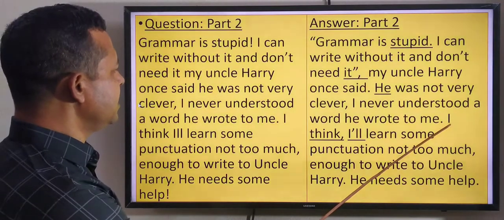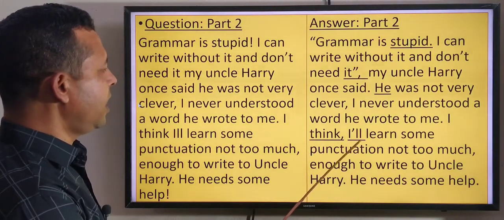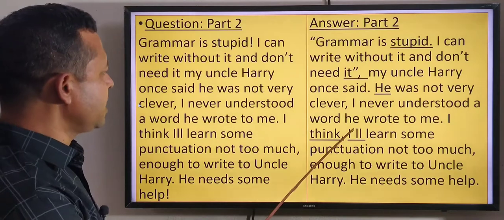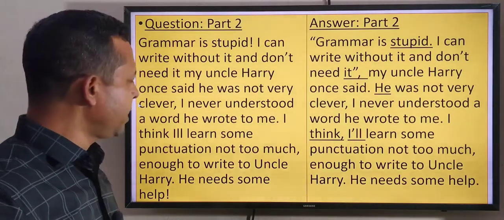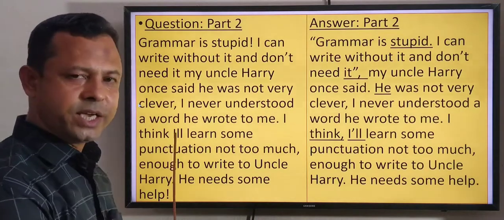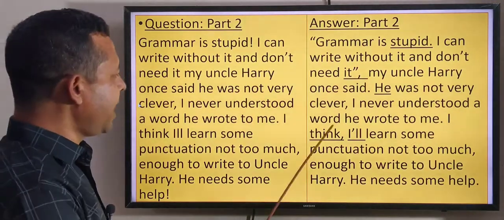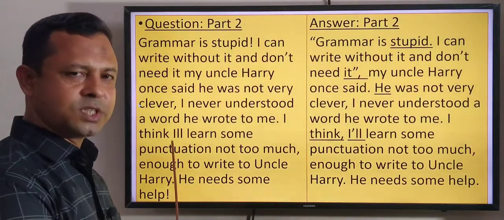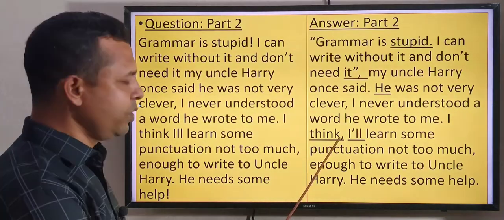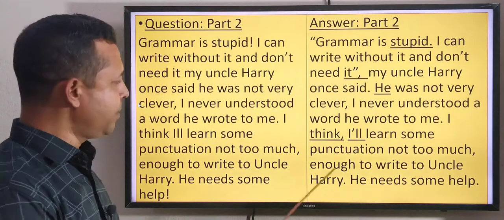In this sentence, see, I think, I will. There must be an apostrophe in "I'll", it is a contraction, and the apostrophe is absent here. And after "I think", we use a comma, which is not used in the original text. I have used it for you, and this is the correction, and I have underlined it.